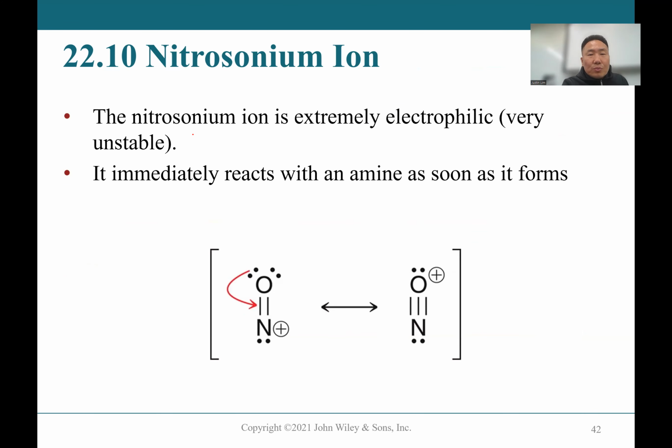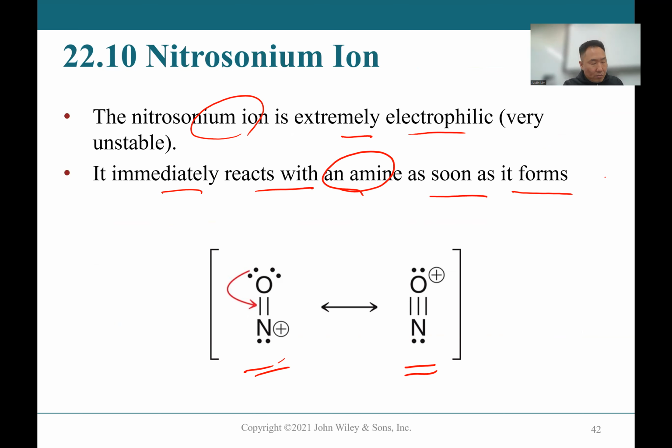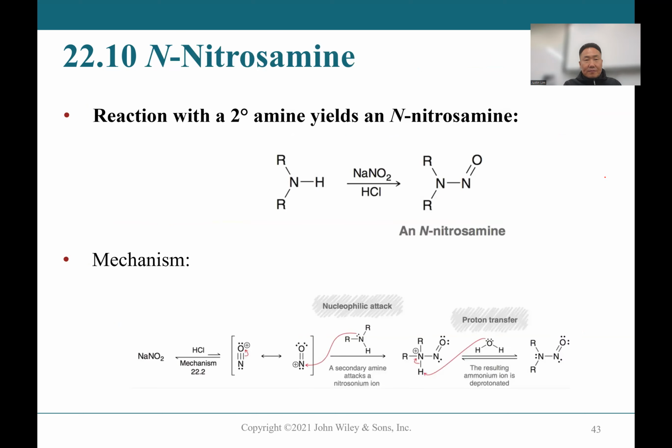The nitrosonium ion is extremely electrophilic, so it immediately reacts with an amine as soon as it forms. A secondary amine, with two alkyl groups attached to the nitrogen, yields an N-nitrosamine.